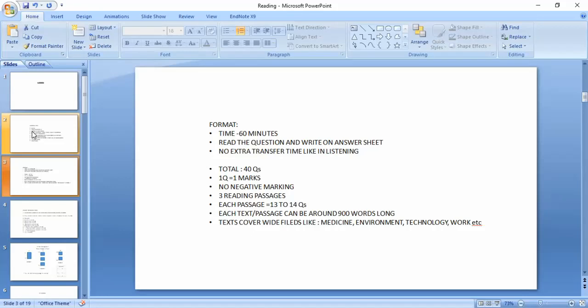Similarly, each passage would have 13 to 14 questions. Each text or passage can be around 900 words long. Texts cover wide fields like medicine, environment, technology, work, etc.